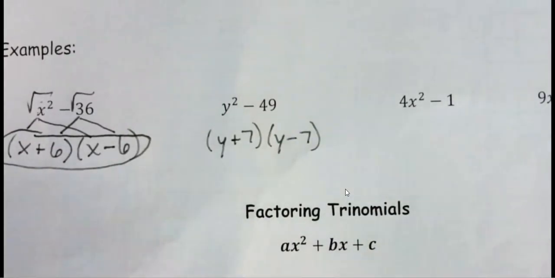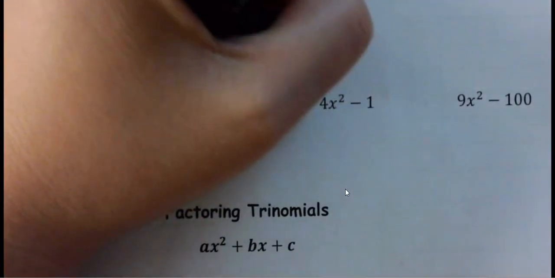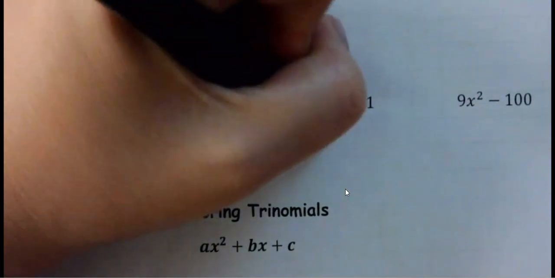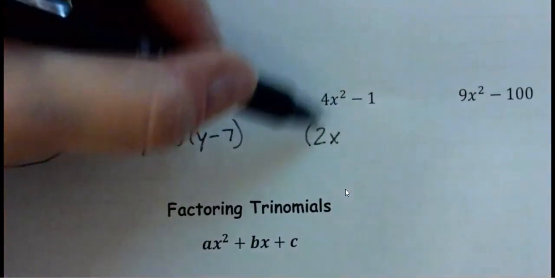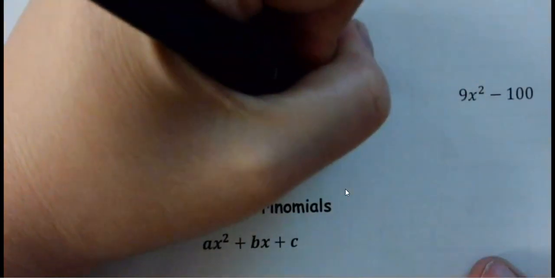All right, and then for this one, it's slightly more complicated. You have the square root of 4x squared, which just becomes 2x, because the square root of 4 is 2 and the square root of x squared is x. Then it is plus 1, and then 2x minus 1.